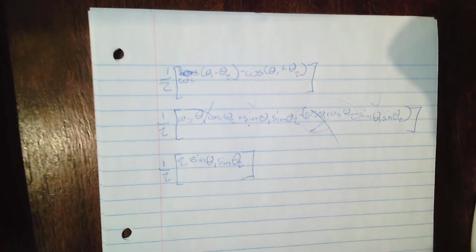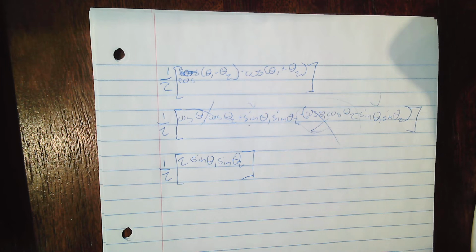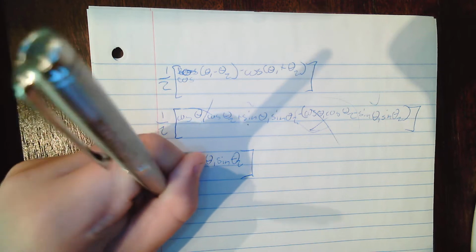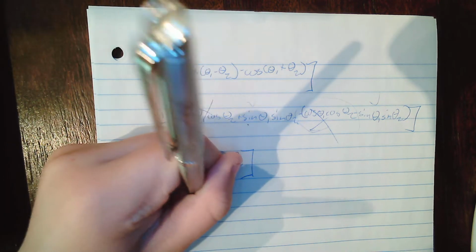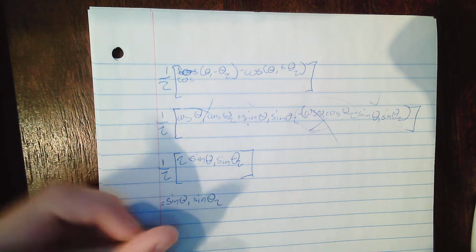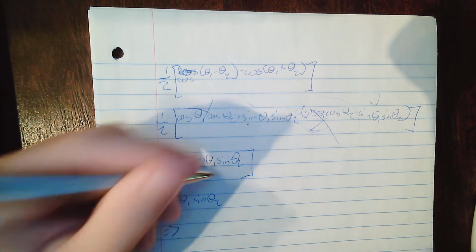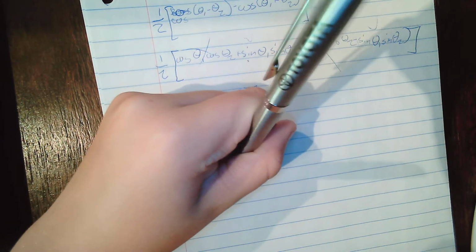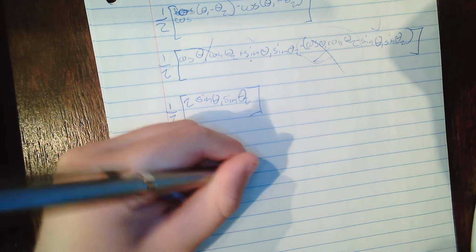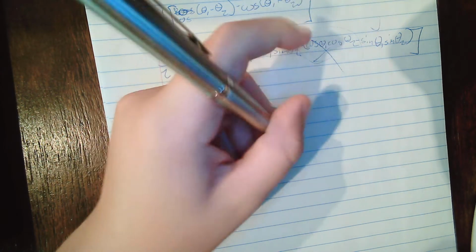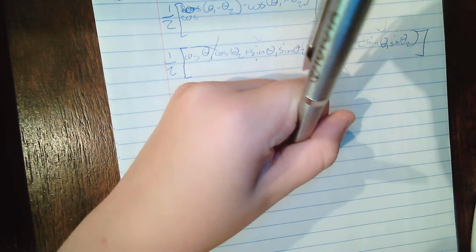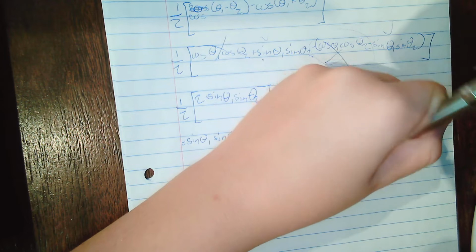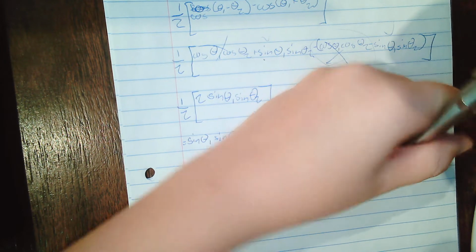So then, I'm going to put the step in. That's equal to the sine of theta 1, sine of theta 2, which implies that the sine of theta 1, sine of theta 2 equals 1/2 of the cosine of theta 1 minus theta 2 minus the cosine of theta 1 plus theta 2.